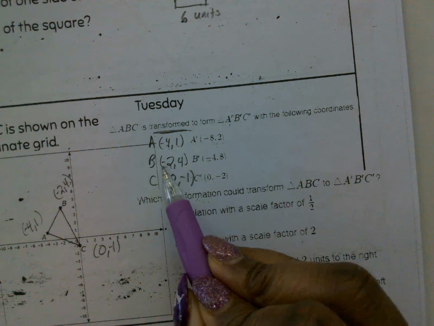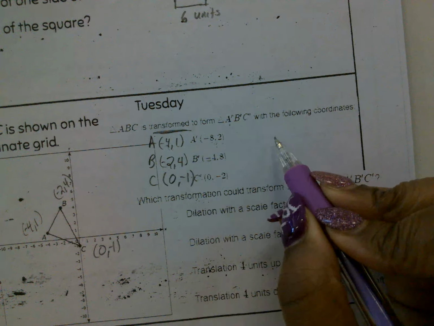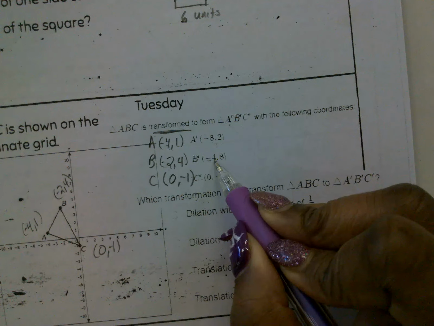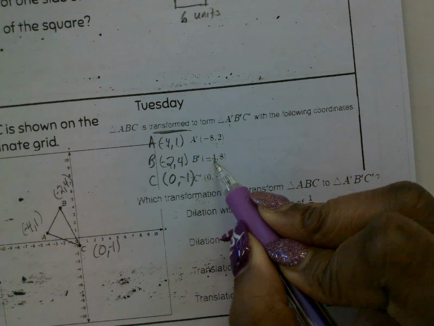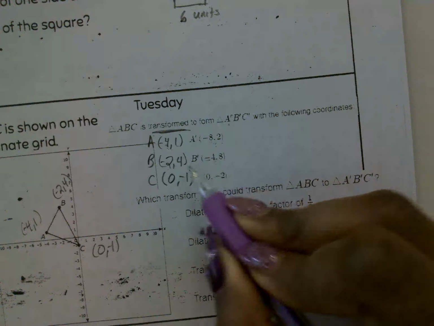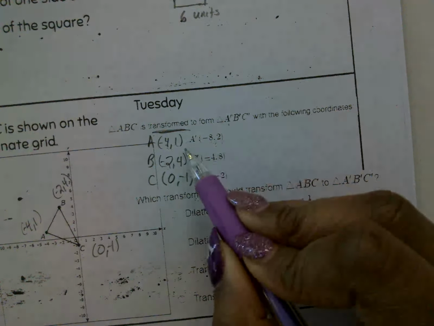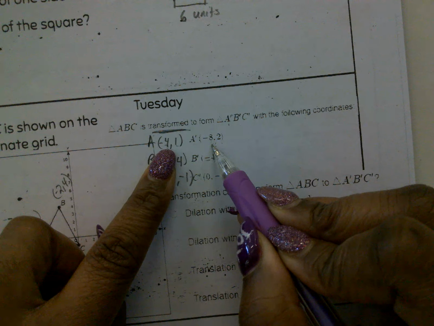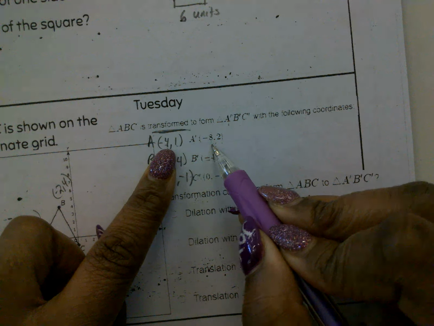What is -2 minus 4? Does that give me a -4? Type it in if you don't know. -4, it does not. So it's not a translation. So then it has to be a dilation. What can I multiply times a -4 that's going to give me a -8? 2.